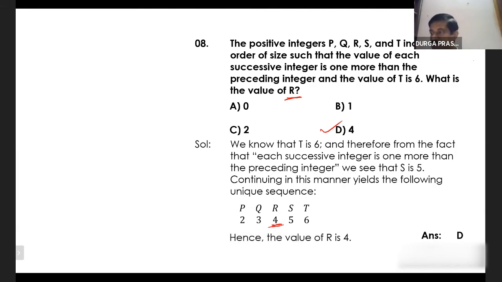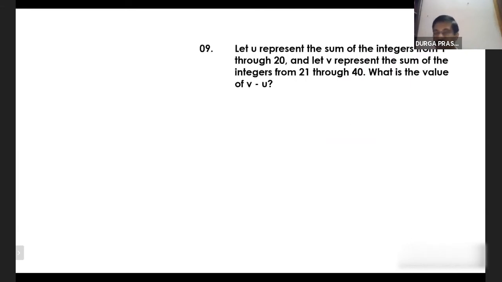Let us go to the next question. Look at this. Let u represent the sum of integers from 1 through 20. So 1 plus 2 plus 3 and so on to 20 is u.